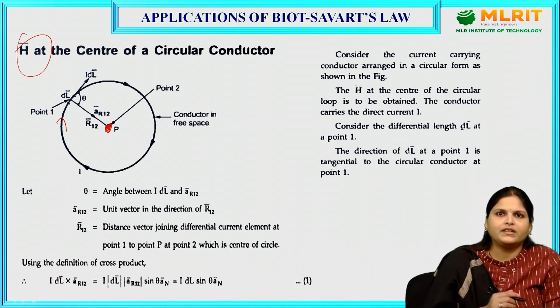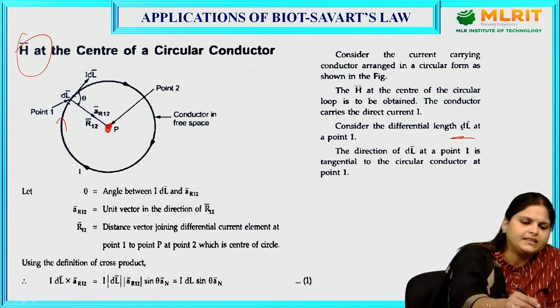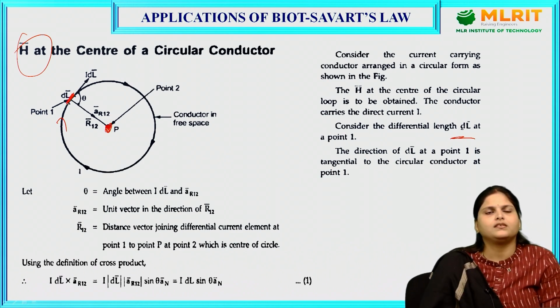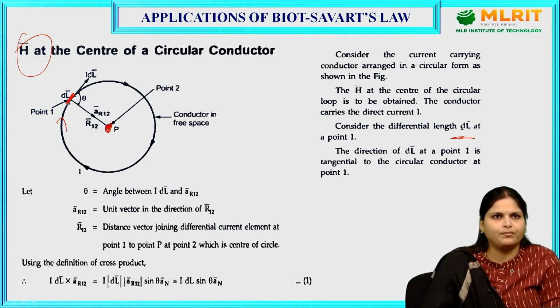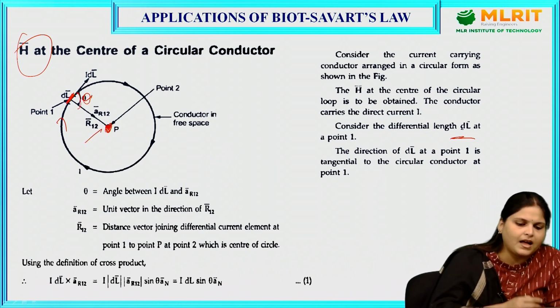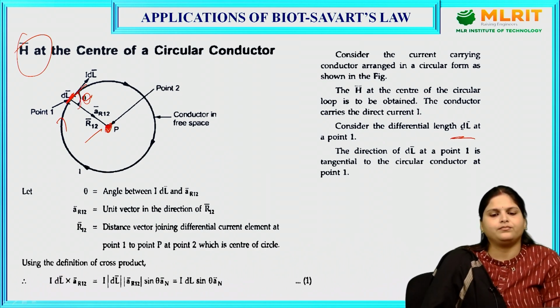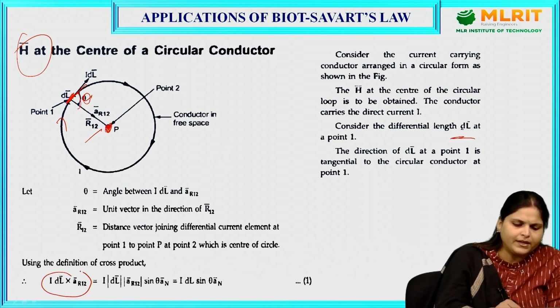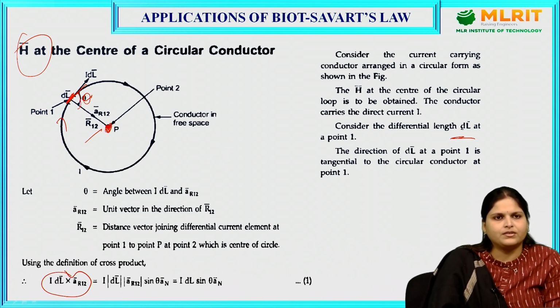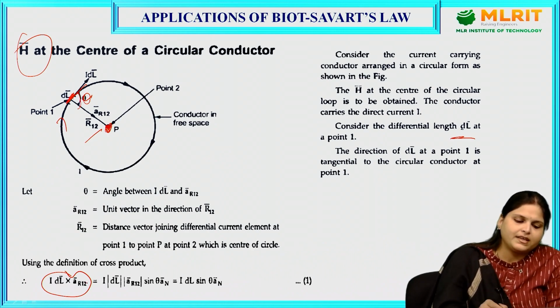Similar procedure, we need to consider a small element dl on this conductor which is circular in shape. This is angle theta, this distance is r12 and this is I dl. So again we need to use the same formula, dH is equals to I dl cross AR12 upon 4 pi r square.